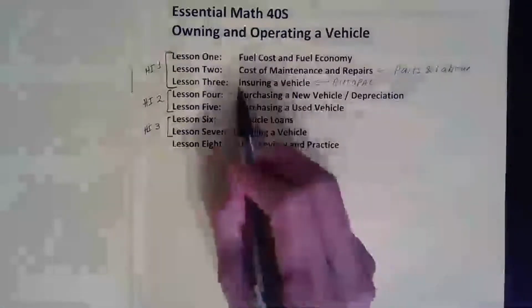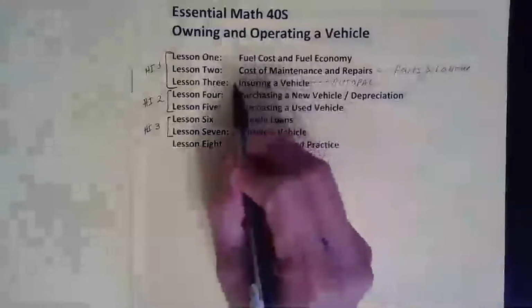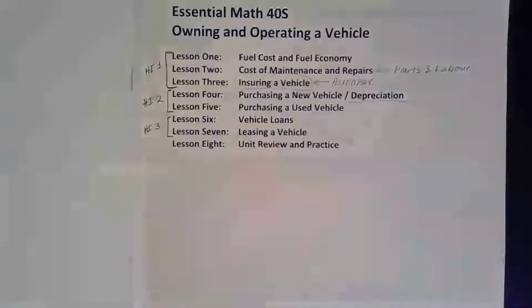We talked about factors that will affect the insurance of your vehicle, one of which is the deductible. We talked about the make, model, and year of the car. We also talked about the drivers, to see if they're qualified for discounts.